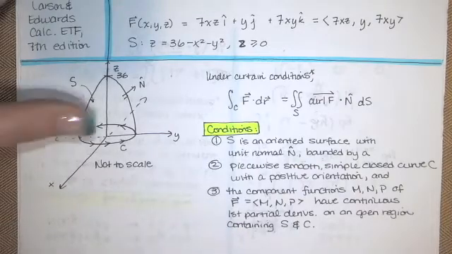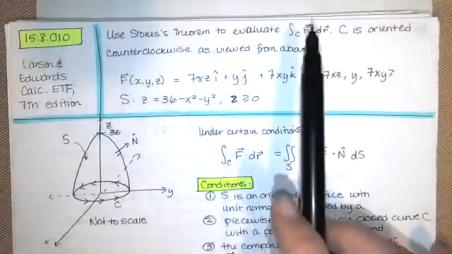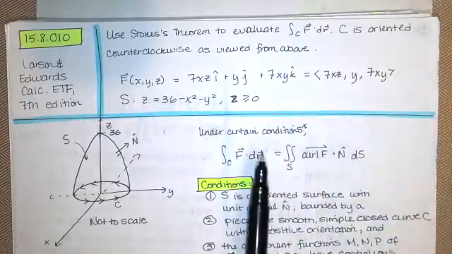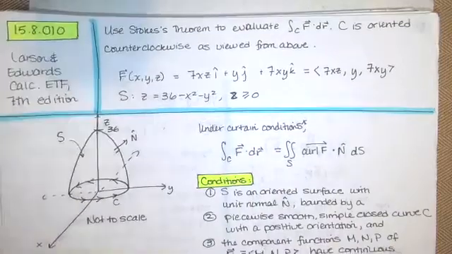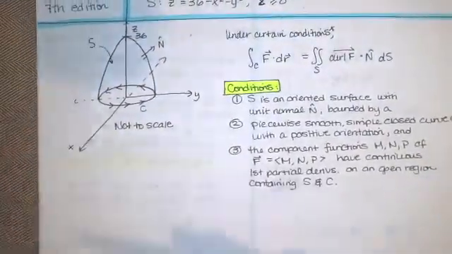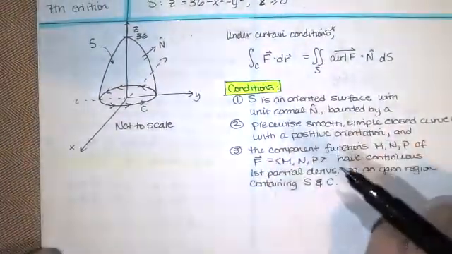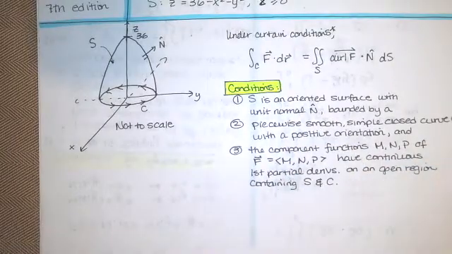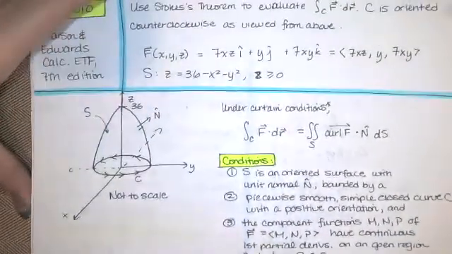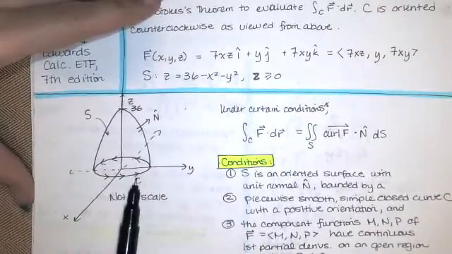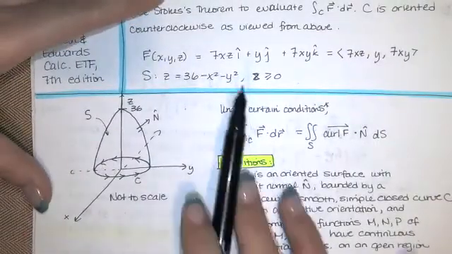Okay, so again, the problem statement says, use Stokes' theorem to evaluate this line integral. So we're saying to find the value of the line integral, let's evaluate the surface integral. So that's the plan. Actually, I don't think the line integral would be that difficult. Well, maybe. We're going to have a parameterization of C involving sine and cosine.